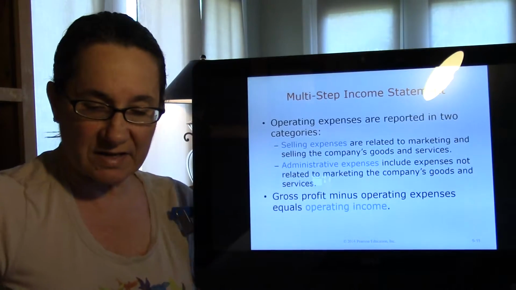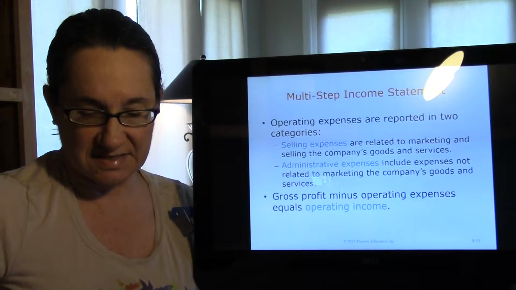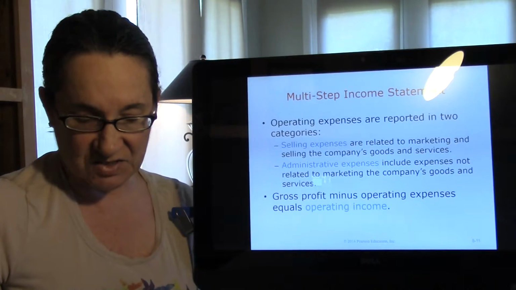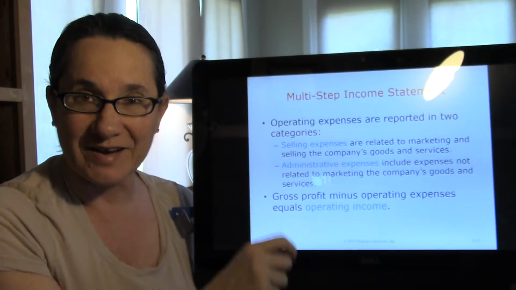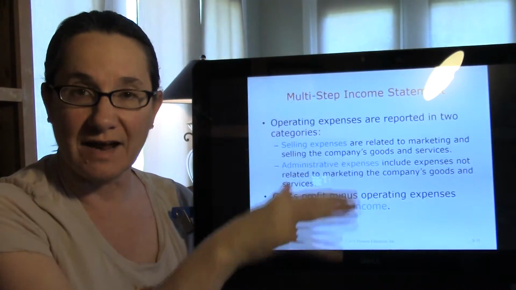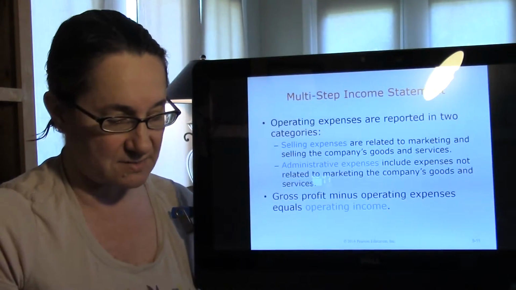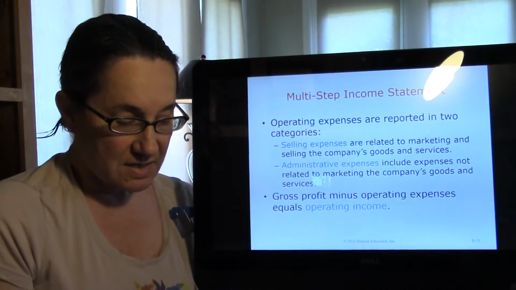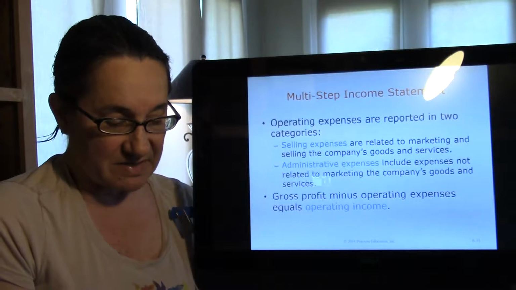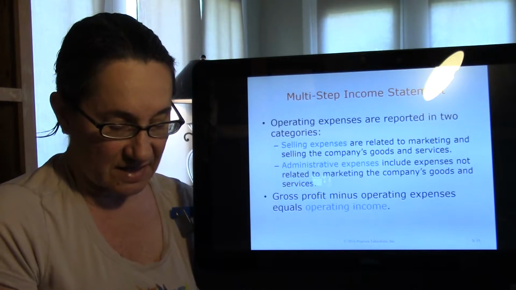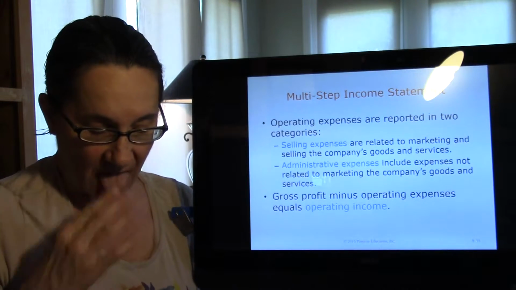Companies report operating expenses in 2 categories: selling expenses and administrative expenses. Right? So after we've done cost of goods sold and come up with gross profit, now we're taking out the rest of our expenses. We divide those into selling and administrative. Selling expenses are expenses related to marketing and selling the company's goods and services.